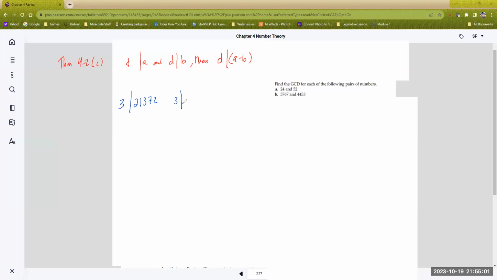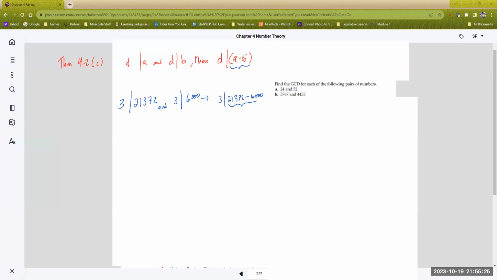We also know that 3 divides some other number, we'll just say 6,000, because we know 3 does divide 6,000 as well. Well, then 3 must divide 21,372 minus 6,000.